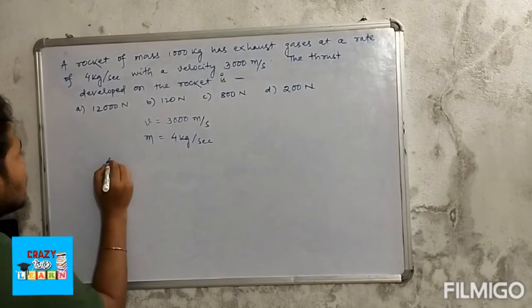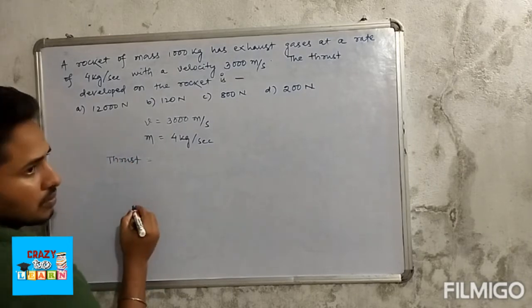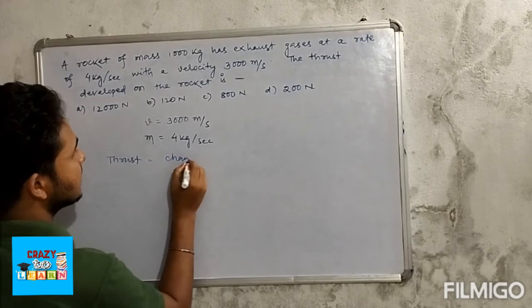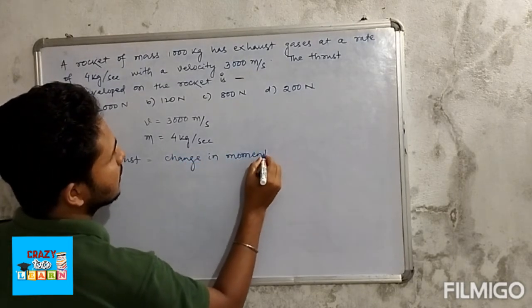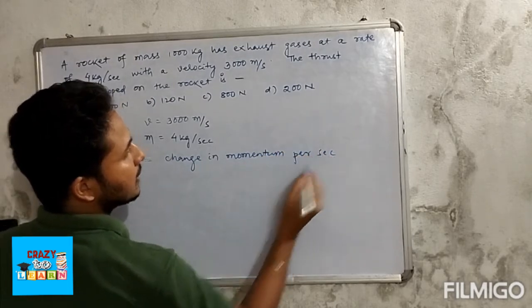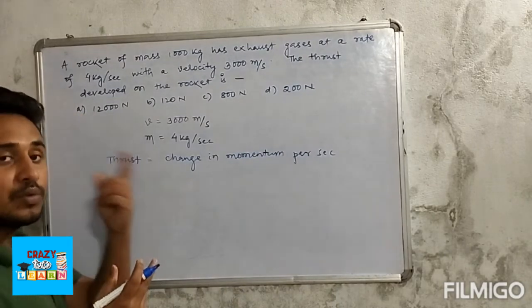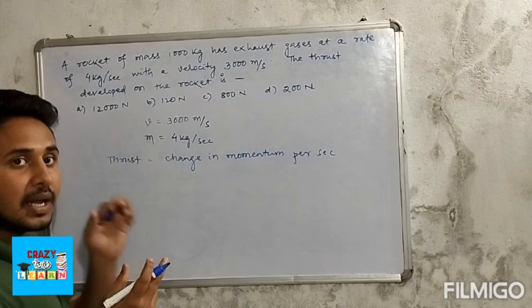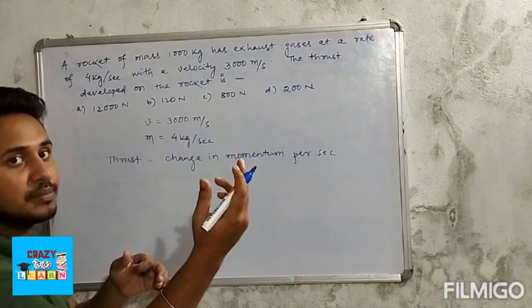The thrust developed is equal to the change in momentum per second. We know from Newton's second law of motion, the applied external force is directly proportional to the rate of change of momentum.